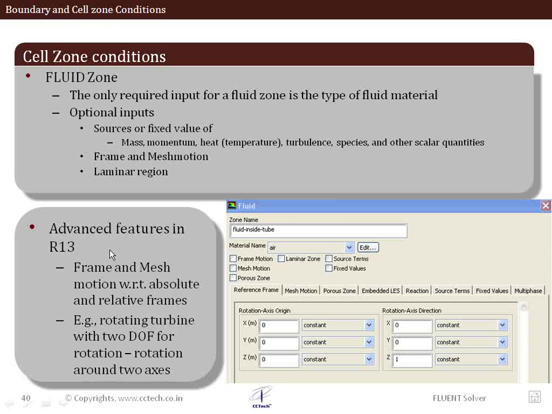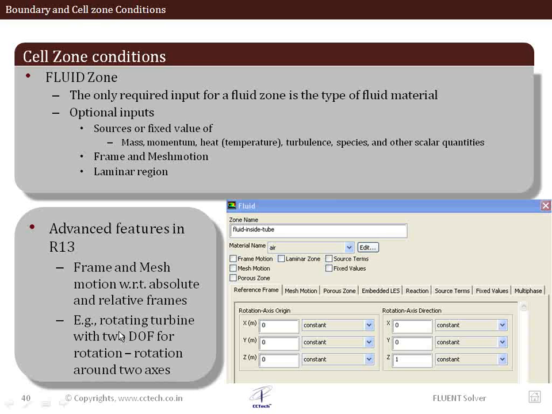And in case we want to do a frame motion, let's say we want to model a multiple reference frame, where there's a rotating domain and there is a stationary domain, for turbo machinery applications, we can also activate the frame motion and give the specific inputs. Now what is included in ANSYS release 13 is a new feature in which the frame and mesh motions can be defined with respect to either the absolute frame or the relative frames.